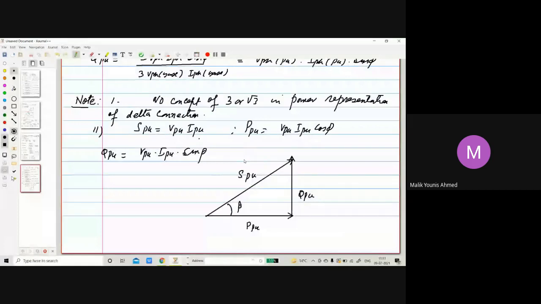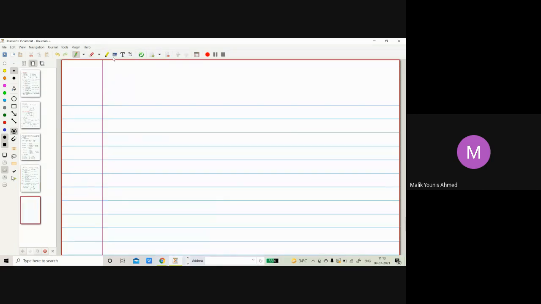So three things. While you are drawing, this is your power triangle. So you can draw this power triangle like this. So this was about the three-phase connections.